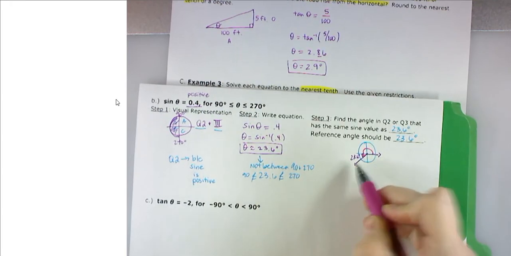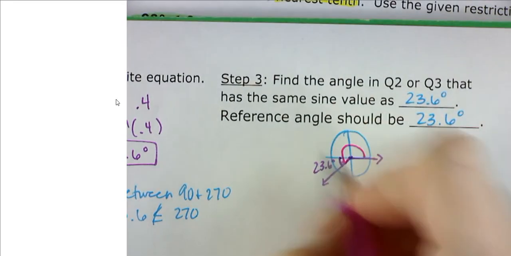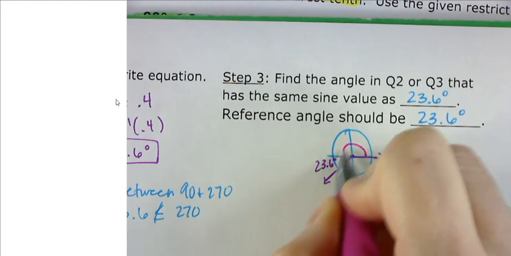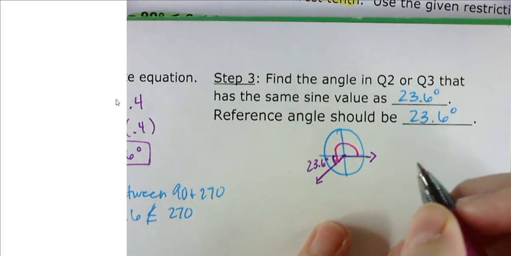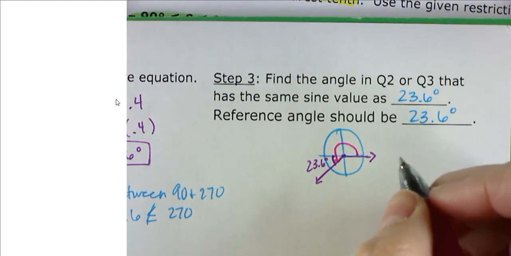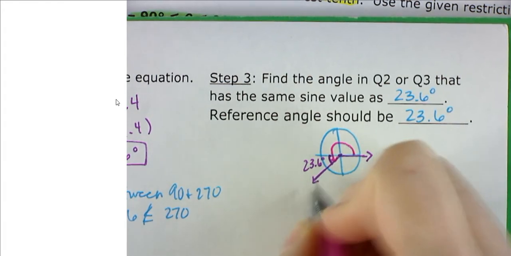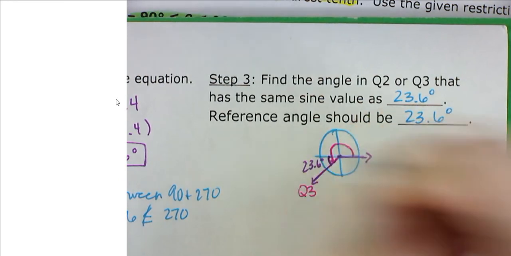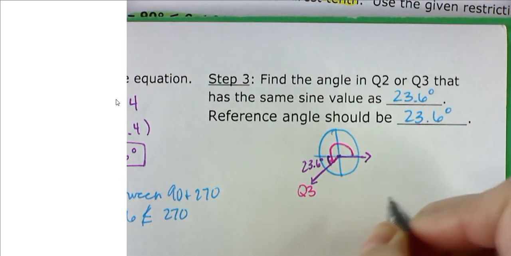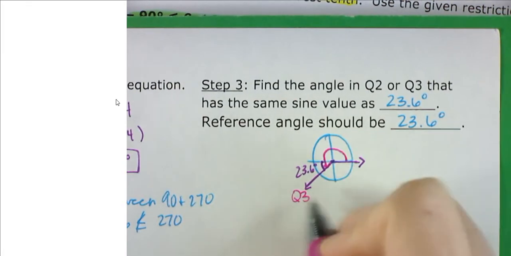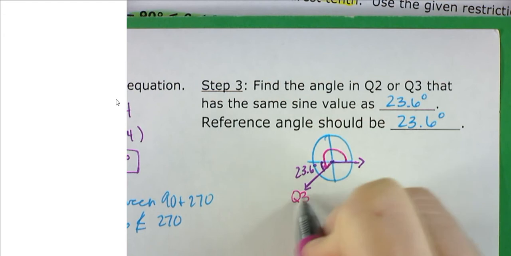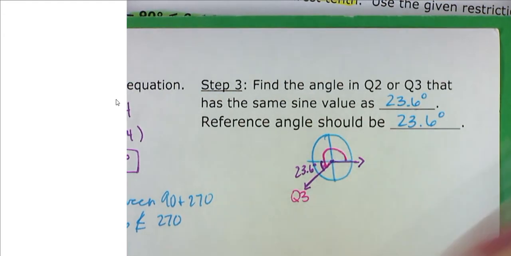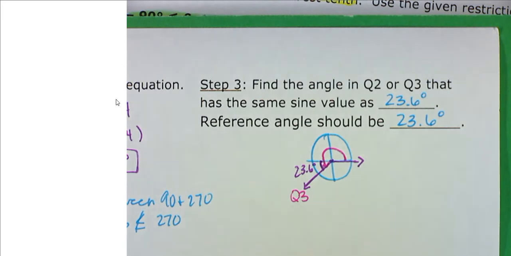To figure out what this entire angle is, we know that the top is 180. This is 23.6 degrees past 180. Sorry, that's in quadrant 3. So we're going to have to adjust this for quadrant 2. If you were trying to find it in quadrant 3, that's exactly what you would do. You'd add 180 plus that. You are going to have some that are in quadrant 3, but this one is not. So let's draw our reference angle in quadrant 2.